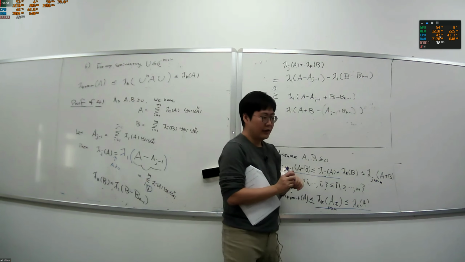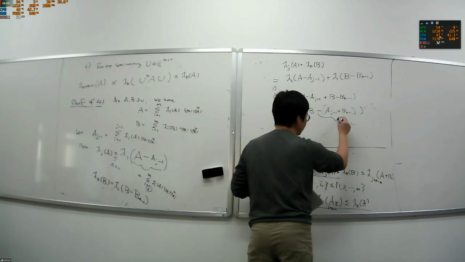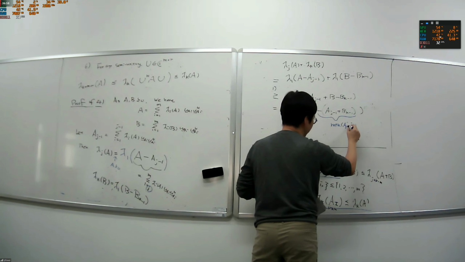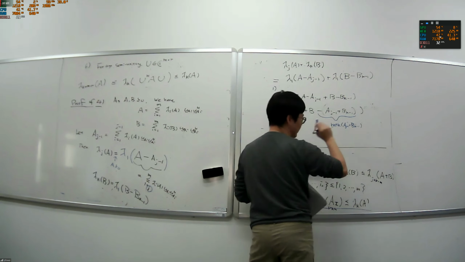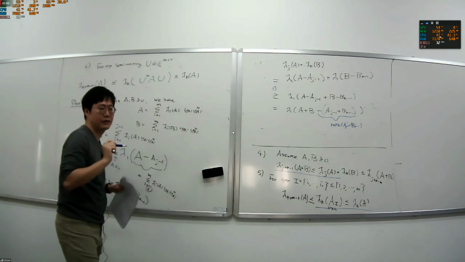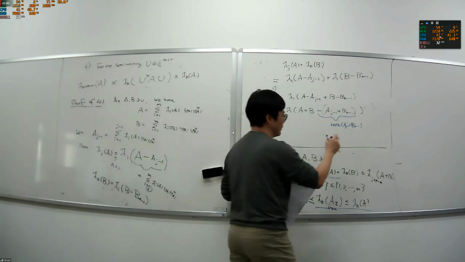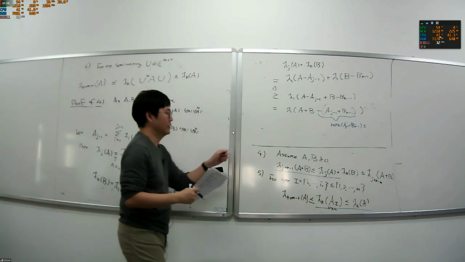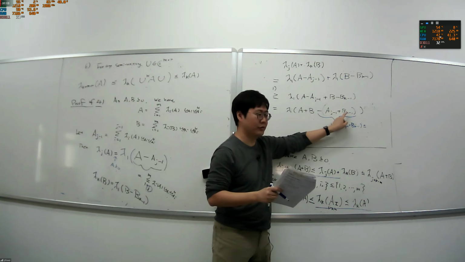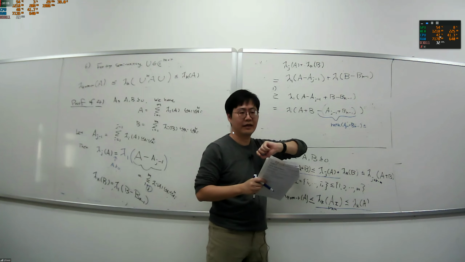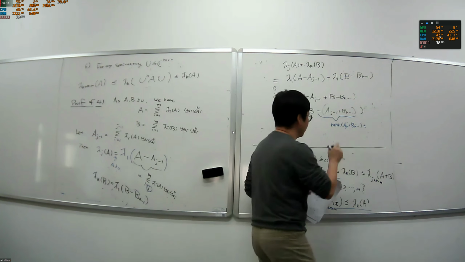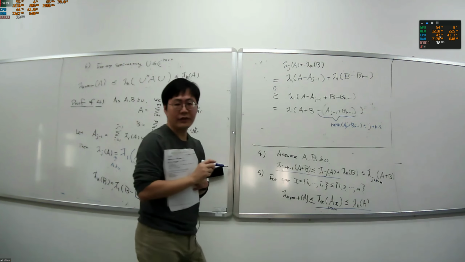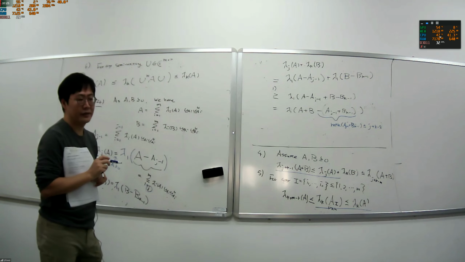And what is this matrix's rank? We don't know, but we know its upper bound. This one has rank J minus 1, this one has rank K minus 1, so its rank is no larger than J plus K minus 2.